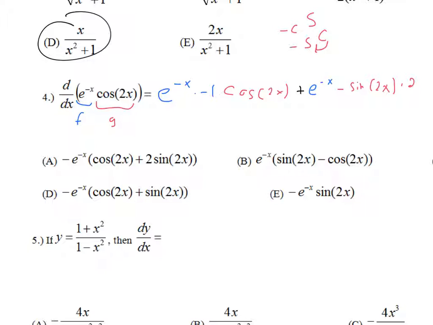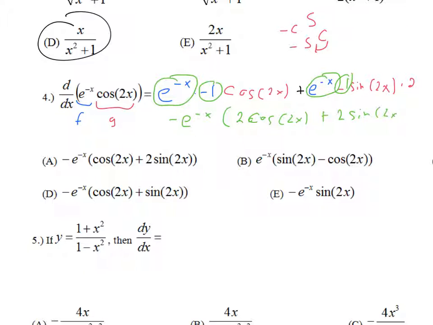Looking at what these two terms have in common, this term has an e to the negative x, this term has an e to the negative x. This term has a negative 1, this term has a negative 1. So we can factor out a negative 1 e to the negative x. And then I'm left with the cosine of 2x plus 2 times the sine of 2x.